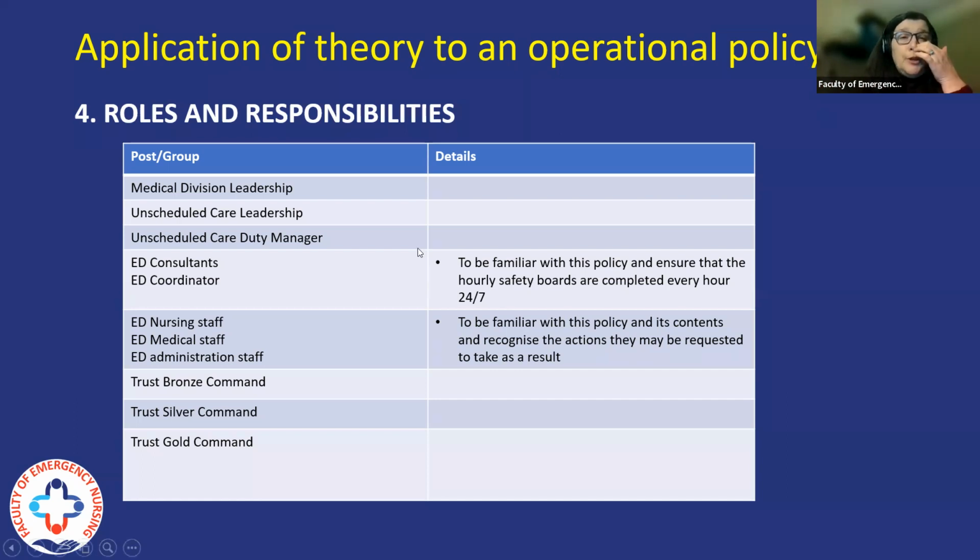I've put at the top the senior groups. Now, in our organisation, emergency care is not a standalone thing. It's within a division. I expect that in your organisation, emergency care is not a standalone thing. It's part of a group or a division or a directorate, or whatever word, however you're chopped up.